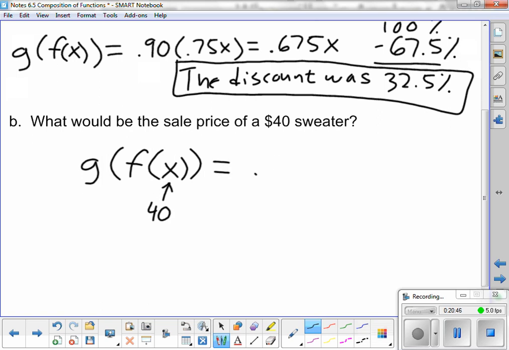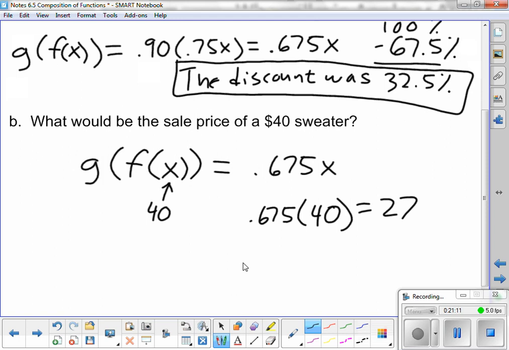It's going to be 0.675x. So to find this, you're going to put 0.675 times 40, which is 27. So this is equal to 27.